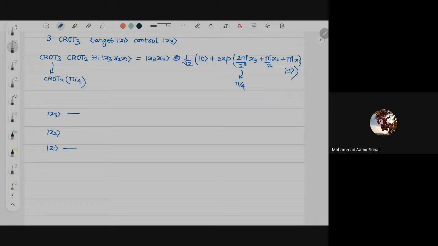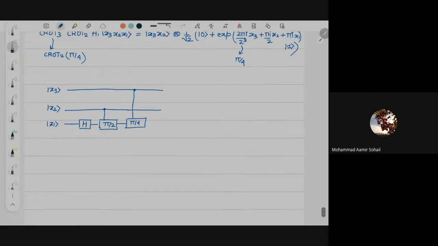We will have the Hadamard first, then a control rotation of angle pi by 2 with the control on X2, and then a control rotation of pi by 4 with the control on X3.